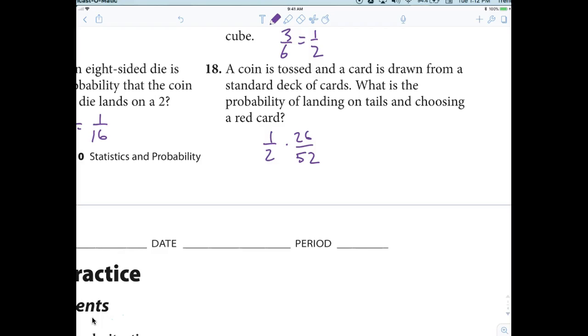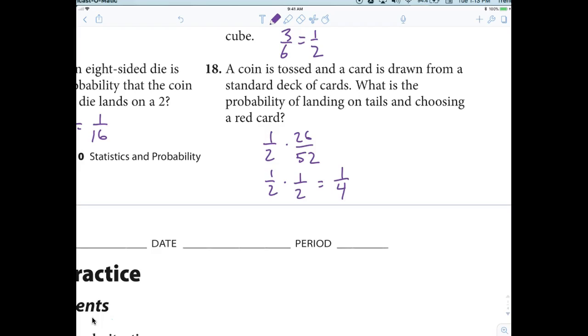I'm just showing you, for the interest of knowing the information, there are 26 red cards out of 52. Now, if you want to reduce, that would just be 1/2 times 1/2, which is 1/4. So the probability of getting a tail and choosing a red would be 1/4.